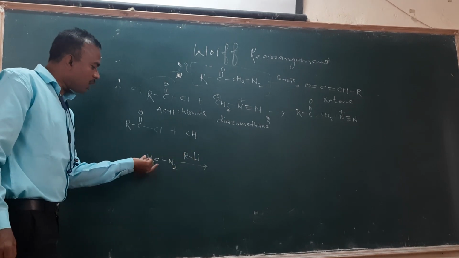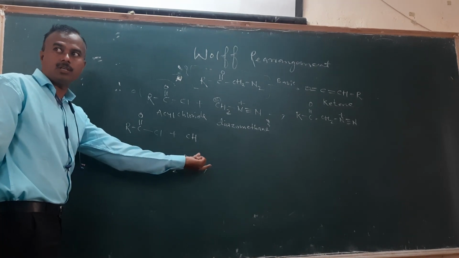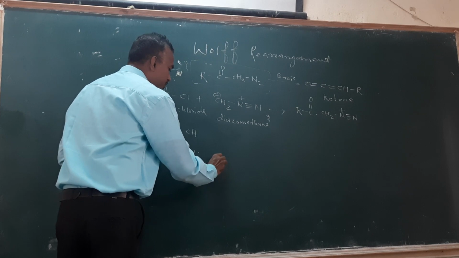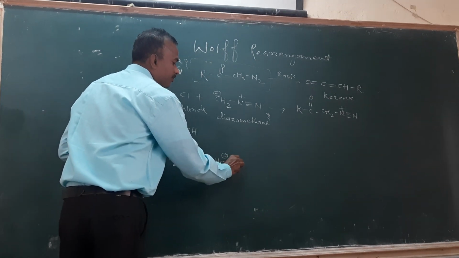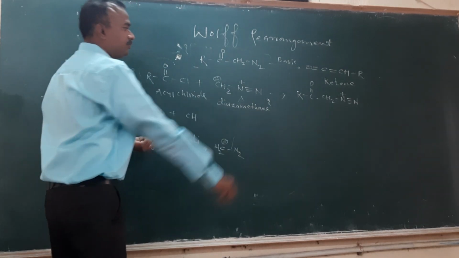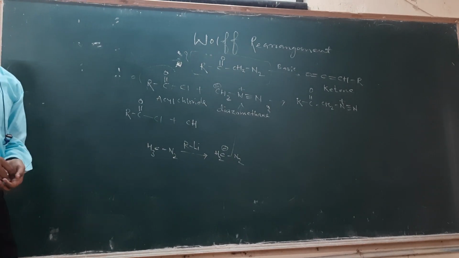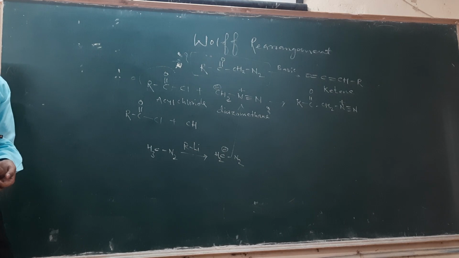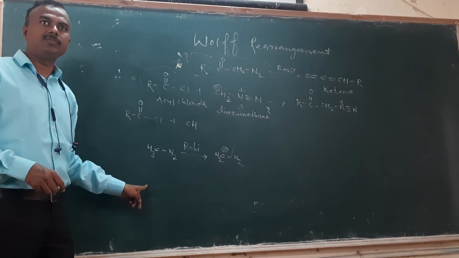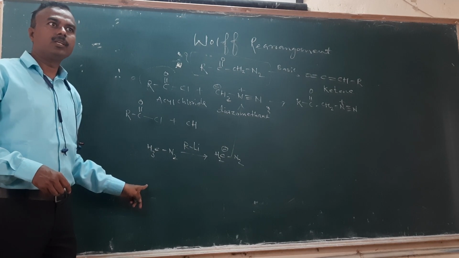This R negative is a strong base. It abstracts a proton from the methyl group and will give diazomethane. So how is this nucleophile generated? Did you get it, everyone? Is it clear?